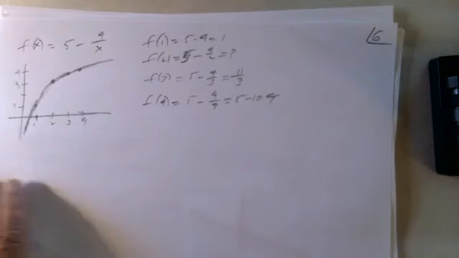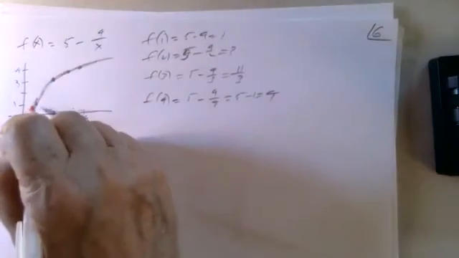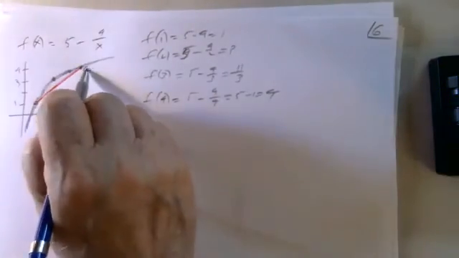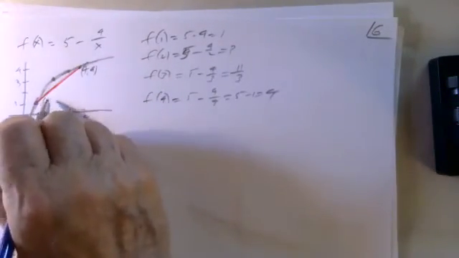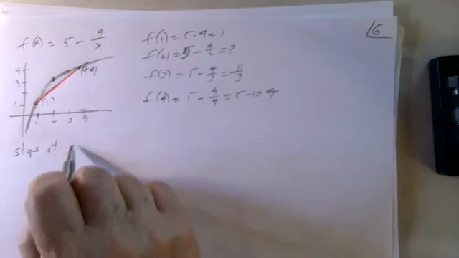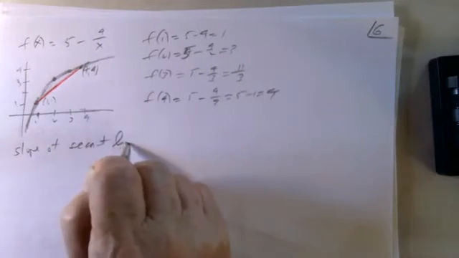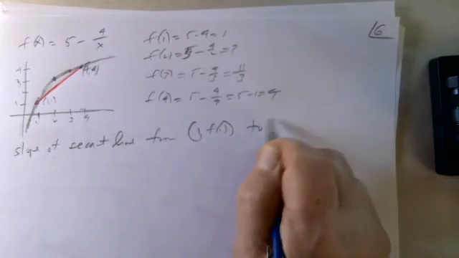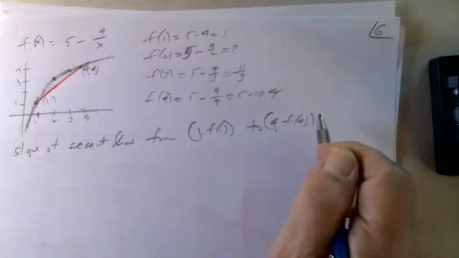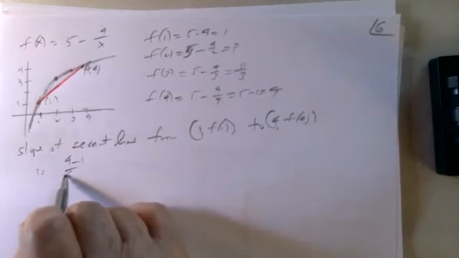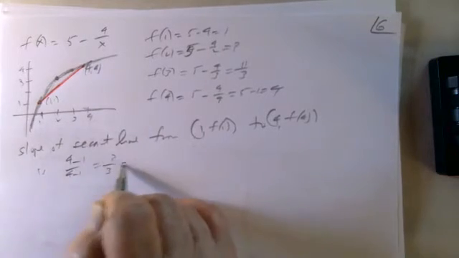And if you look at the points (1, 1) and (4, 4) on the curve, this is the secant line. The slope of the secant line from (1, f of 1) to (4, f of 4) is 4 minus 1 over 4 minus 1, or 3 over 3, which is 1.